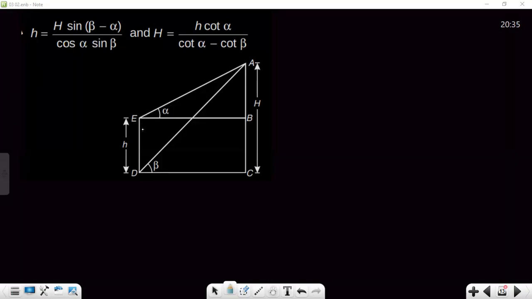See, what is h of cot alpha? So one thing to understand here is, first of all, BC is equal to ED. So this distance is h only. So whatever is left, AB is H minus h.